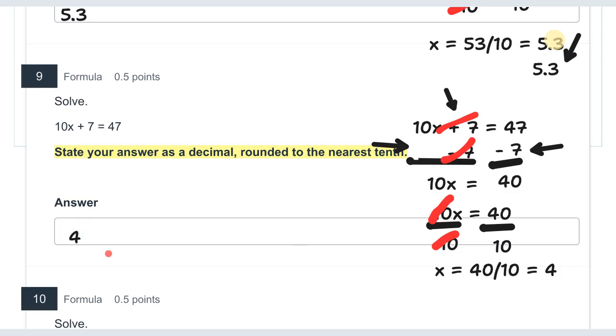Even though the instructions say round to the tenth, we probably should put 4.0 here, but that won't change the answer. I like the 4.0 because that puts the last digit of the number in the tenths place. If I just put 4 there, it would not be marked wrong.